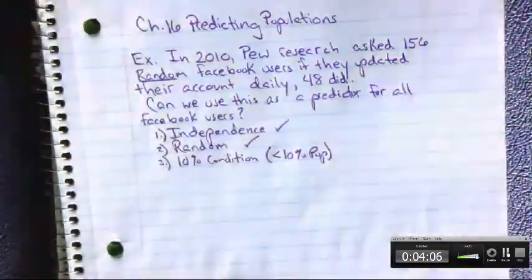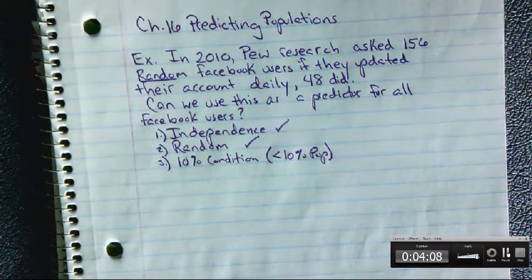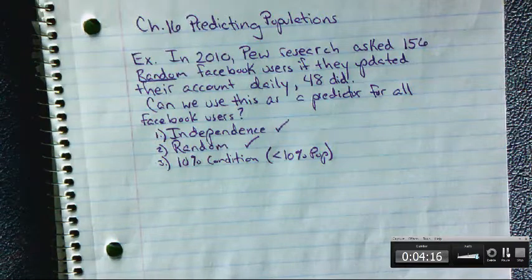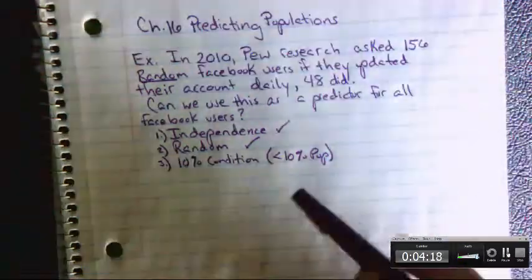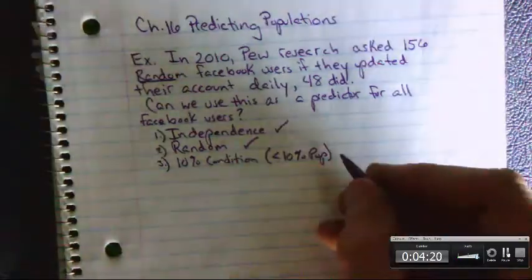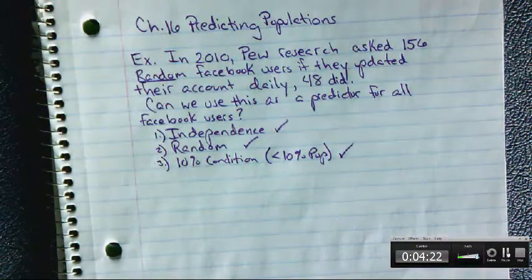If you ask 156 Facebook users, well, if that was more than 10%, that would mean there's only like 1,560 people in the whole world that use Facebook. Is 156 definitely less than 10%? Yes. There is a lot more than just 1,560 people that use Facebook. So therefore, we're definitely less than 10%. So we've met that assumption.